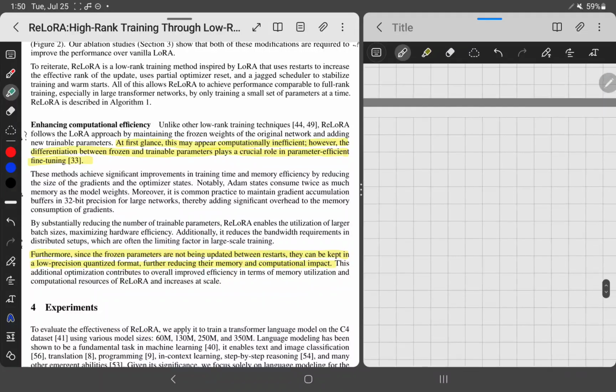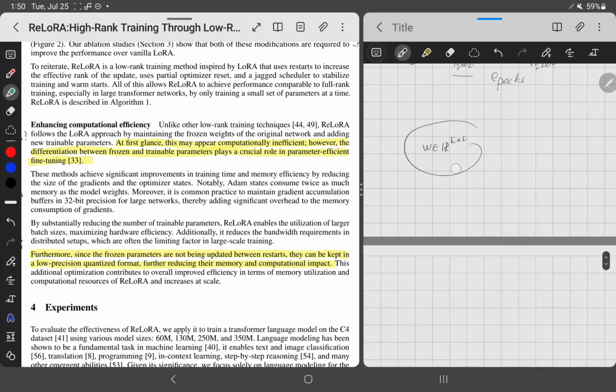I'll write it down here. So we have this matrix W, which is E by E, and the amount of parameters you have to store. Whenever you're looking at the bytes in memory, you don't just store one byte for each parameter.